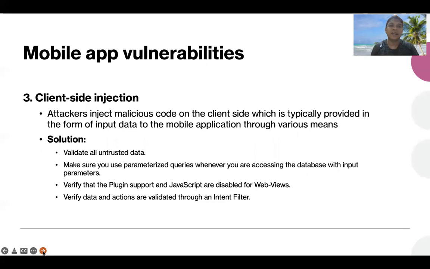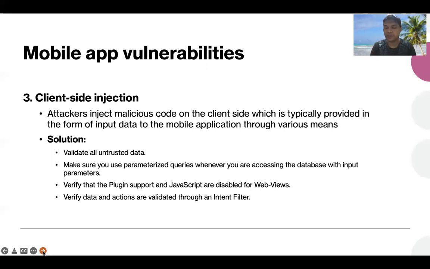The third one is client-side injection. For web applications, I believe all of you know about SQL injection. Same as mobile applications, we also have client-side injection. An attacker can normally inject malicious code on the client side to detect the username and password.